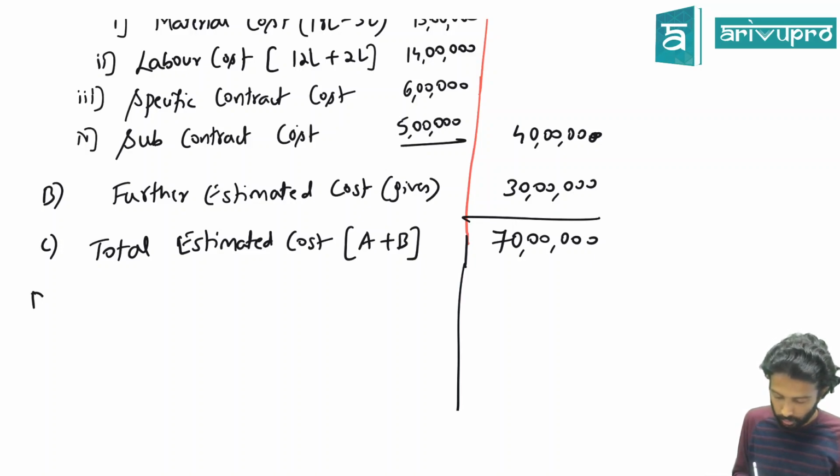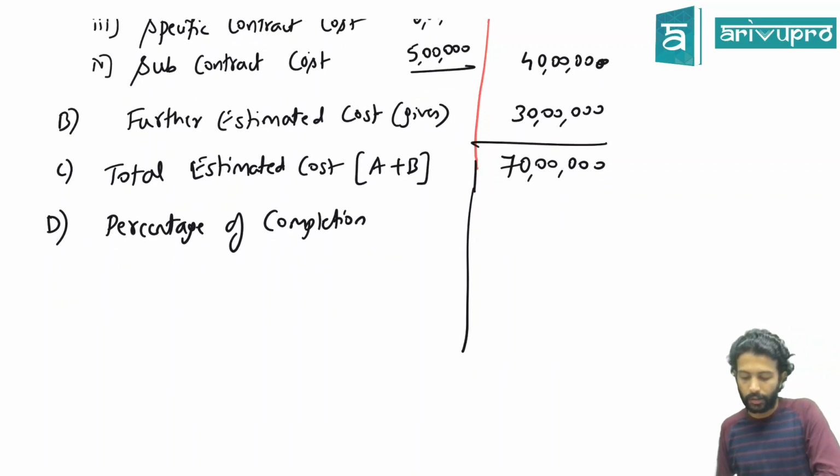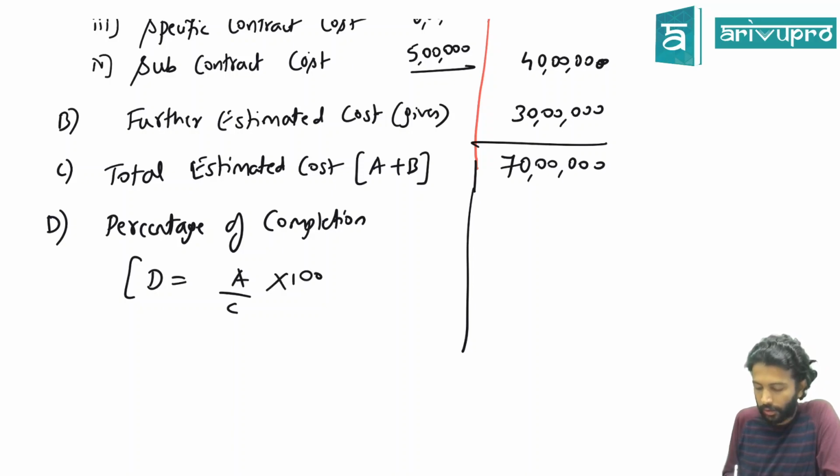So easily you can find out the percentage of completion. How do you get it? Cost incurred till date divided by total estimated cost. So can I say D is equal to cost incurred till date, which is A, divided by total estimated cost, which is C, into 100? Can I write it this way?